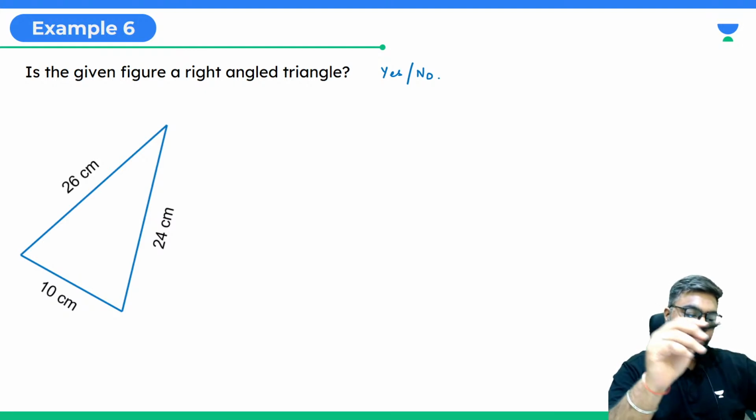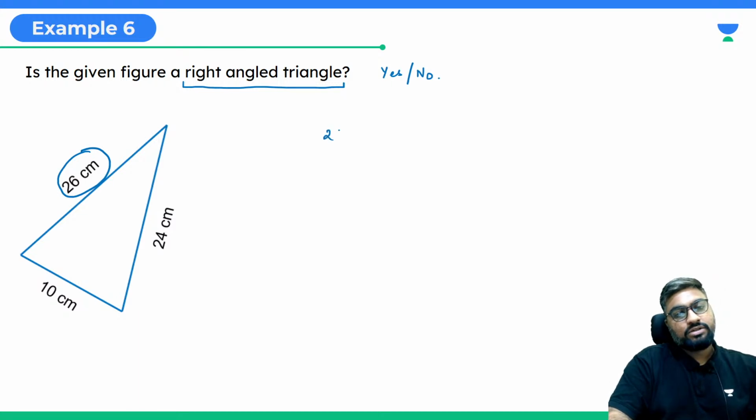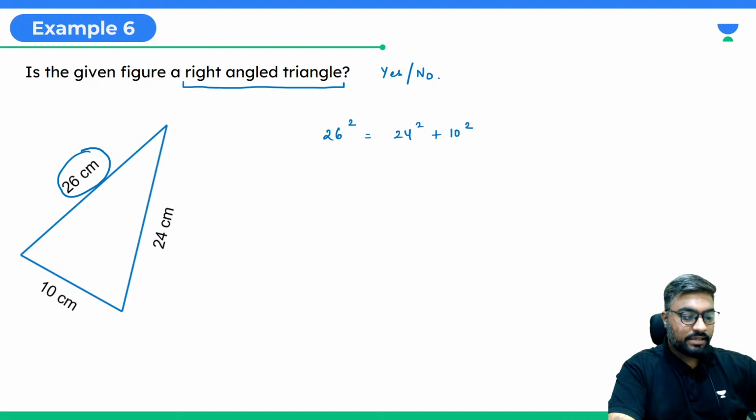Yes, Pragya is also saying yes. So what is this? If we have to check if a triangle is right angle triangle or not, where do you start from? You start from the largest side. Yes, largest side का जो square है, 26 square should be equal to 24 square plus 10 square. Do you agree with this, guys?